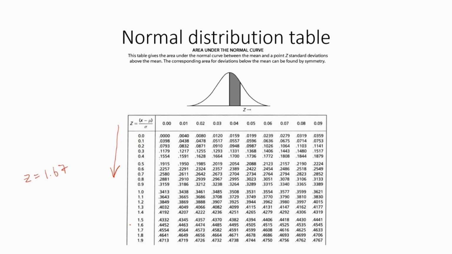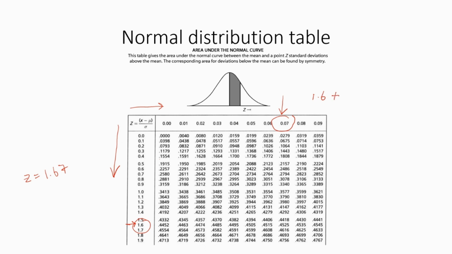There is 1.6 here. We need the value for 1.67. So now go to this row. 0.01, 0.02, 3, 4, 5, 6, 7. Here. This is the column we need. Here 1.6 and here 0.07.